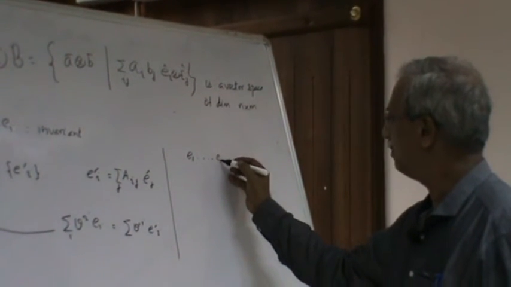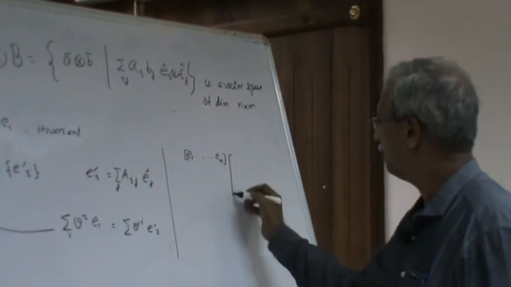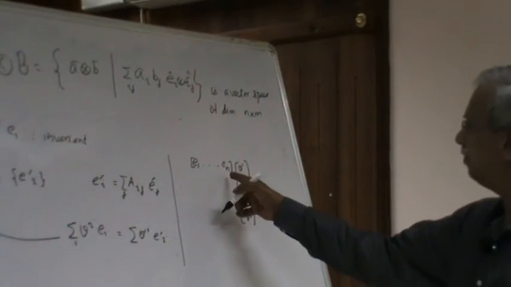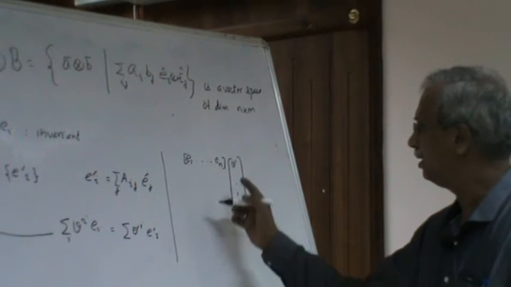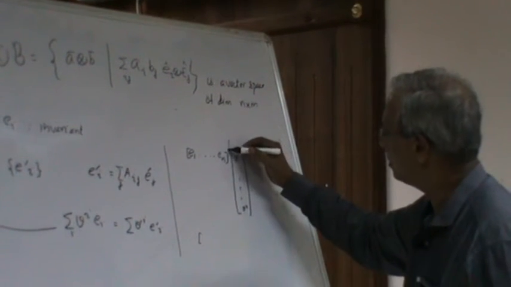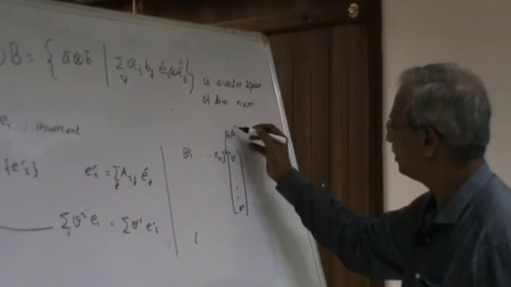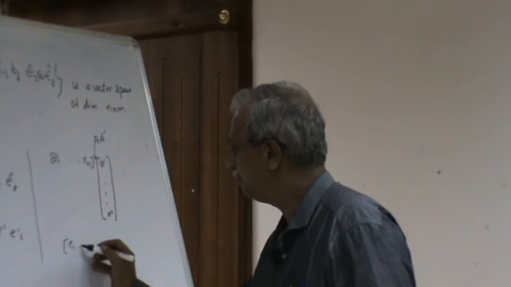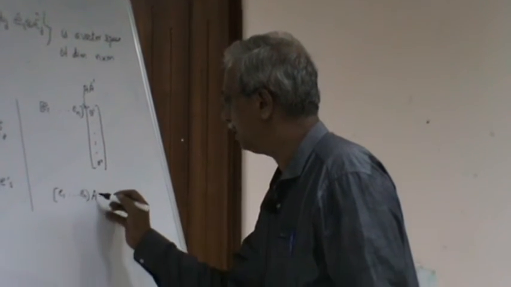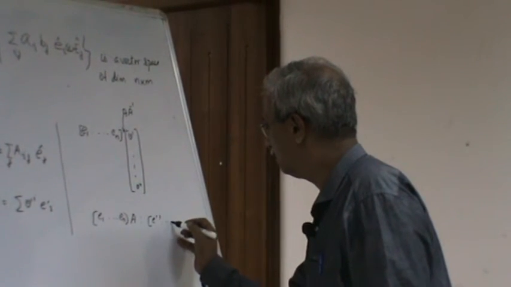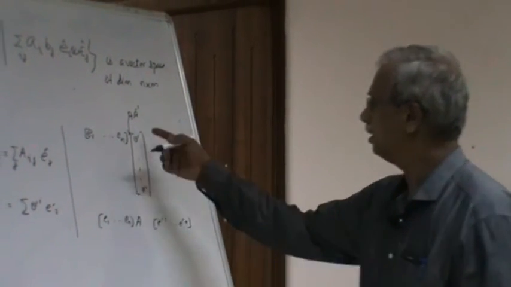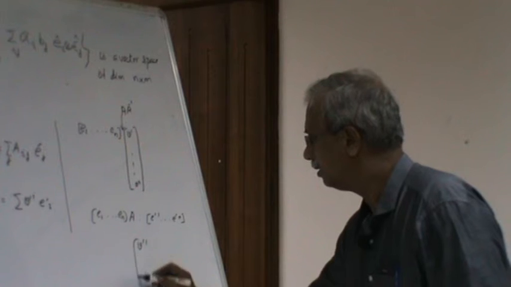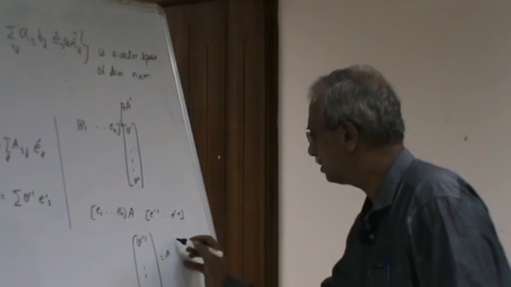Another way of writing would be like this. If the basis vectors E1 to En and the components are, let's say, V1 to Vn written in this form, if you multiply the basis vectors on the left by a matrix A, because here we can insert A, still the answer will be the same. So if you refer to E1 to En multiplied by this matrix A as E prime 1 to E prime n, the new basis vectors, then this is given by A acting from this side.